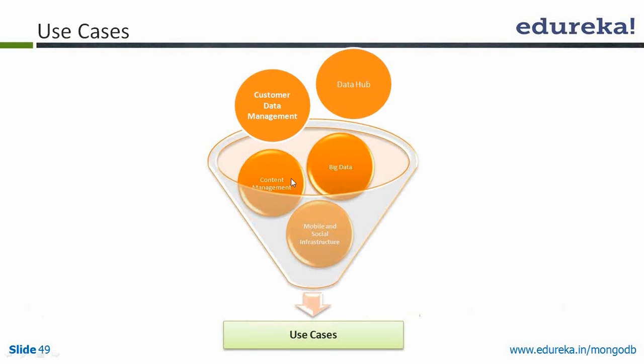This is the one which I have used for content management, and it is best suited. Let's say you want to manage information about your products in retail, or you have a website and you want to publish all your product catalog, digital coupons, and so on. In those cases it works very nicely.